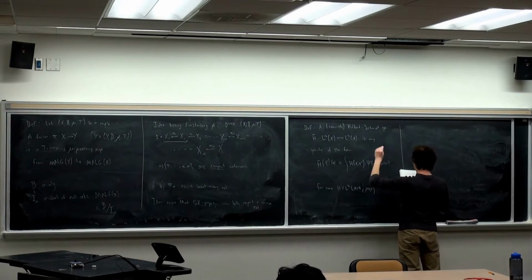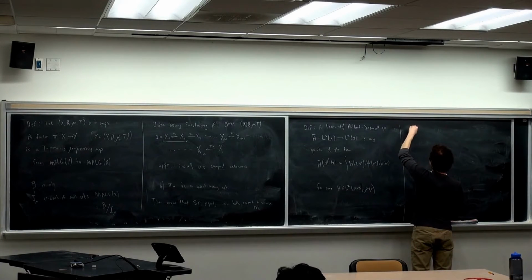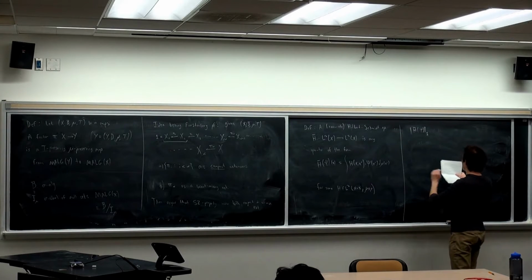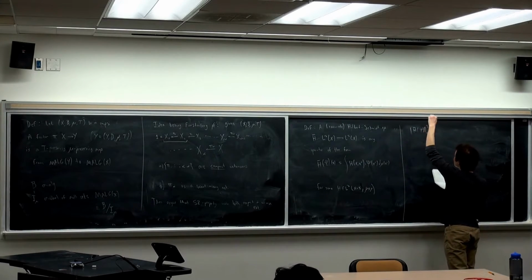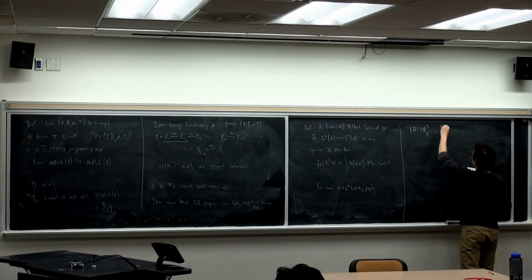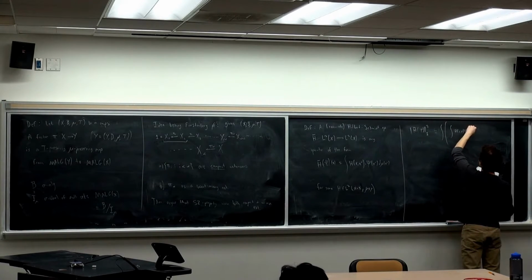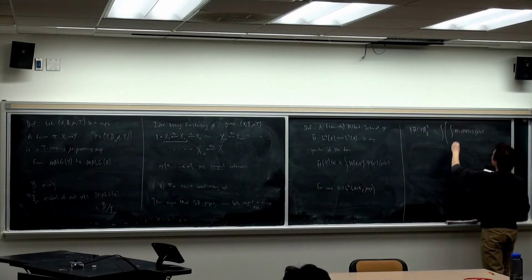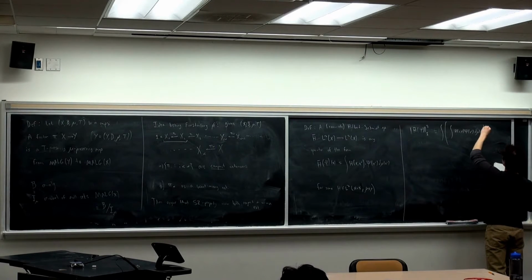So what is the norm of h bar psi? Let's actually square it. So this is just equal to the integral of the integral of h(x, x') psi(x') d mu(x'), squared, d mu(x).